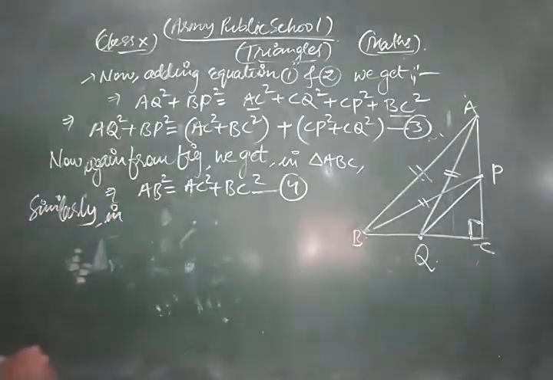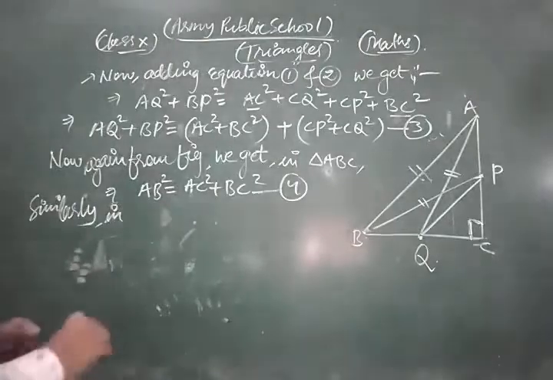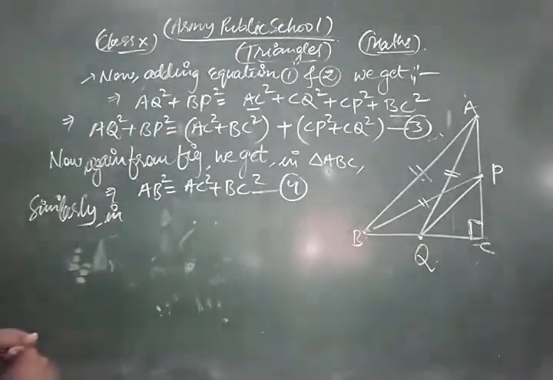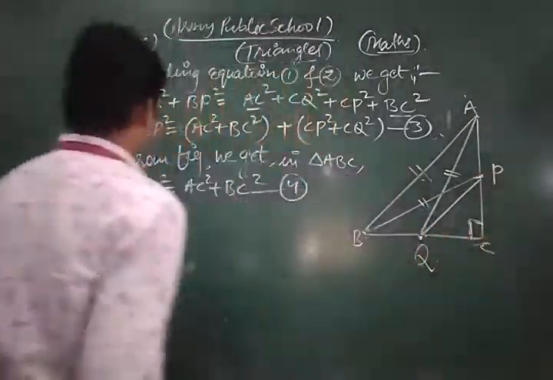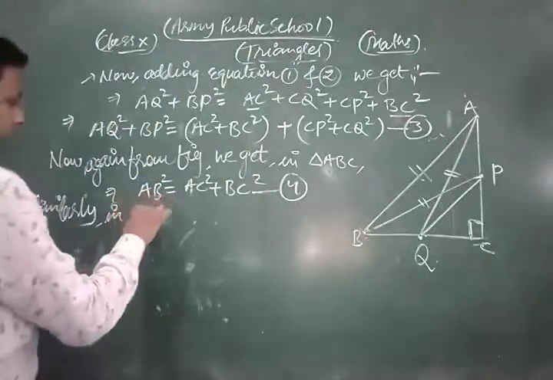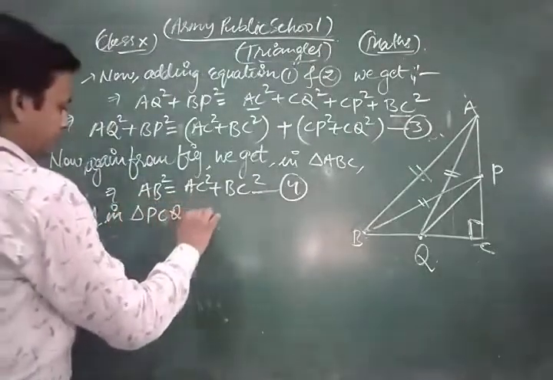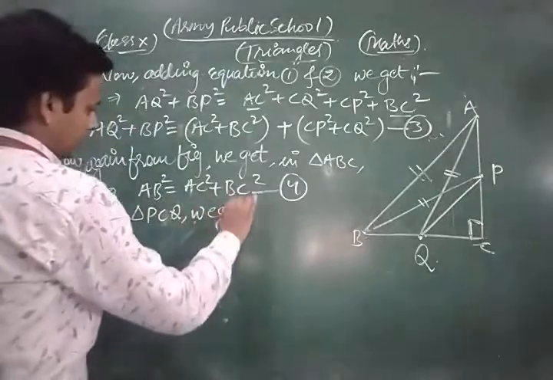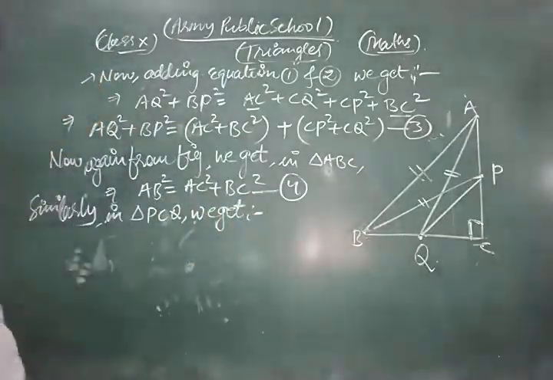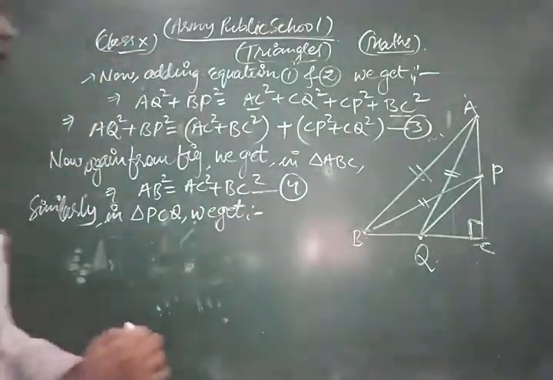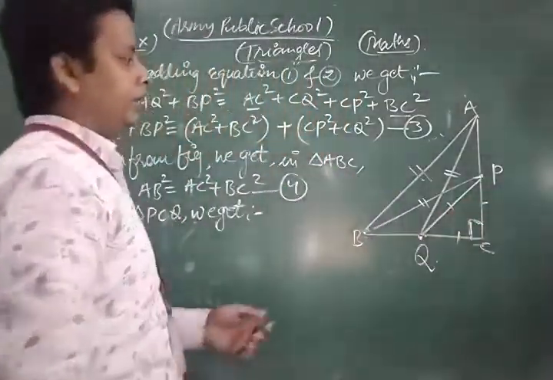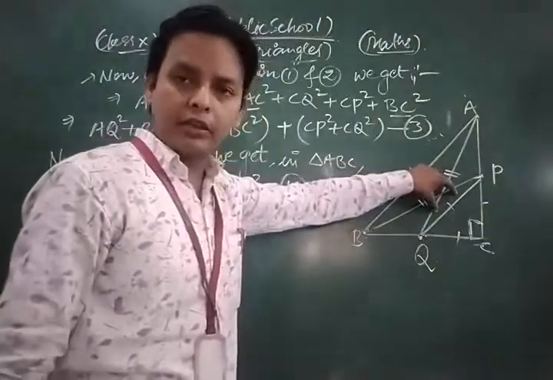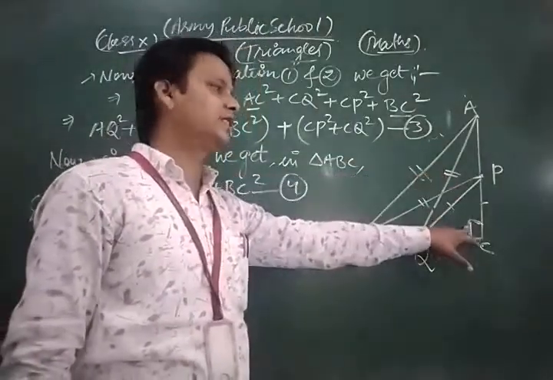Look, in triangle PCQ, PQ is your hypotenuse, because this angle C is 90 degrees.